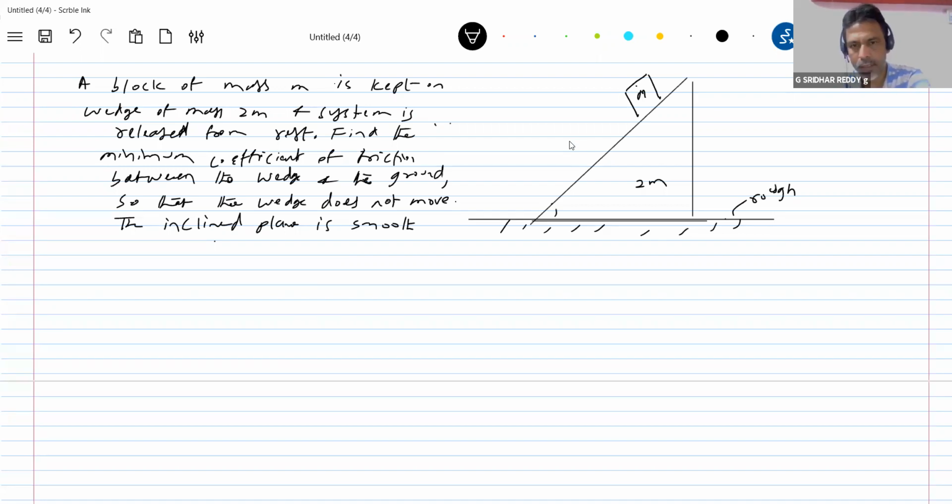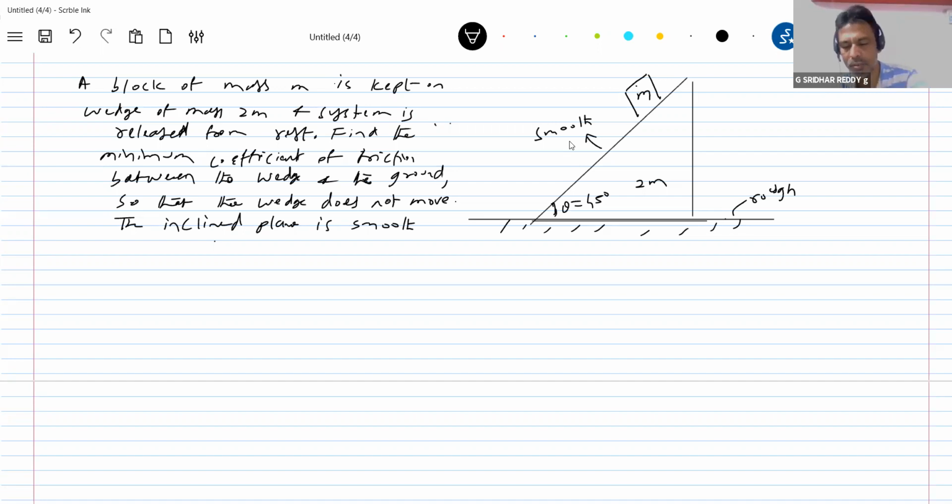This is theta, 45 degrees. Read the question. A block of mass m is kept on the wedge of mass 2m and the system is released from rest. Find the minimum coefficient of friction between the wedge and the ground so that the wedge does not move. The inclined plane is smooth is given.